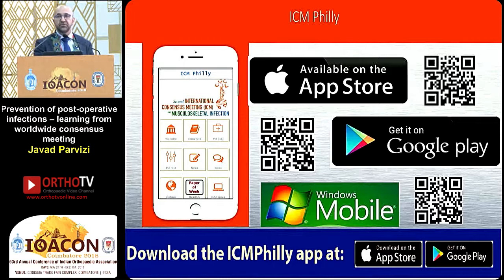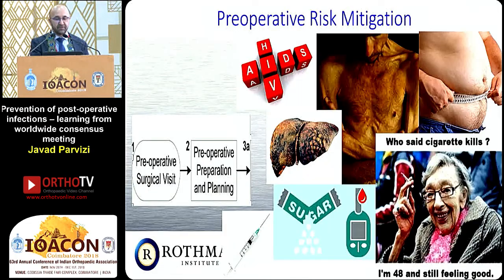If you want to know what the risk of infection is in each one of your patients, you should download this app, and in this app there is a risk calculator for infection. You'll put the metrics in, and the app will tell you what the percentage risk for development of infection may be.